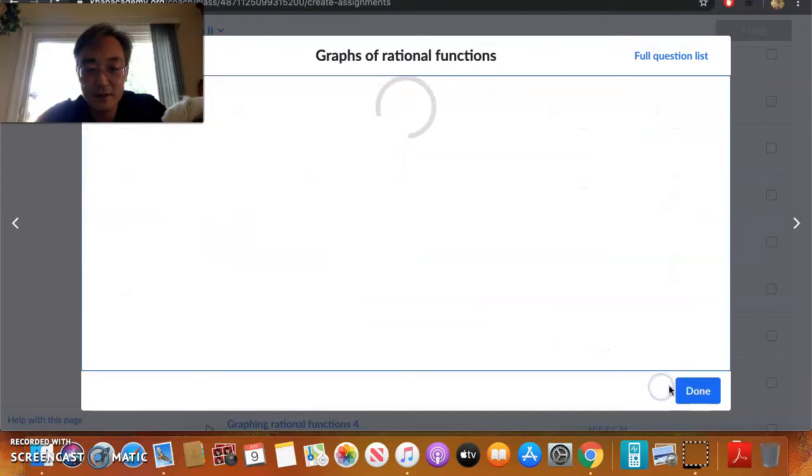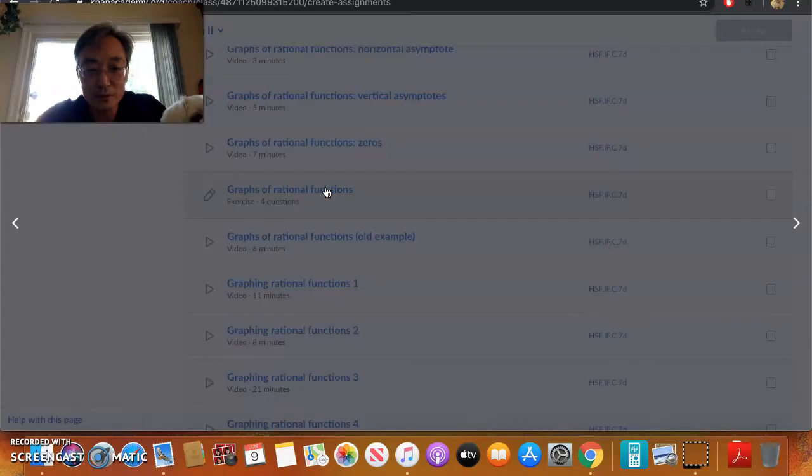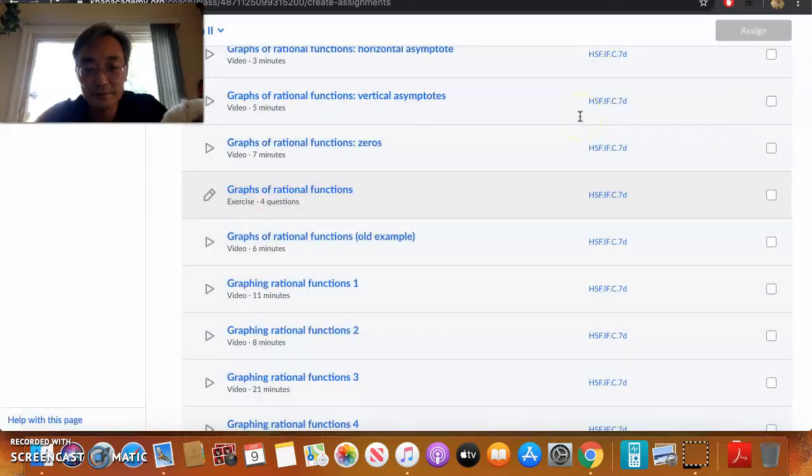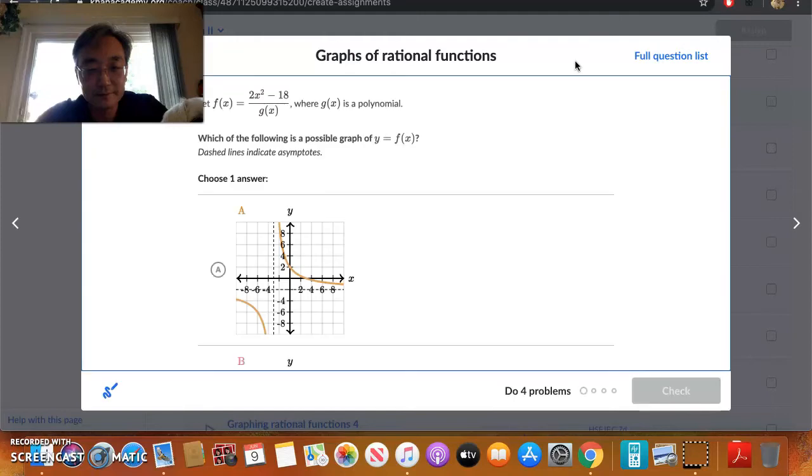Okay, let's do one or two more. This one gives us the numerator as a polynomial, and the denominator is a polynomial we don't know.